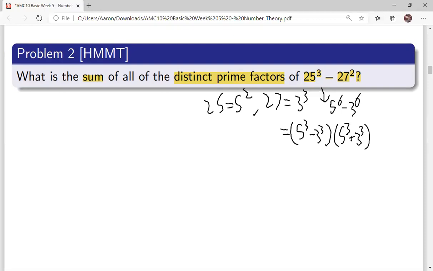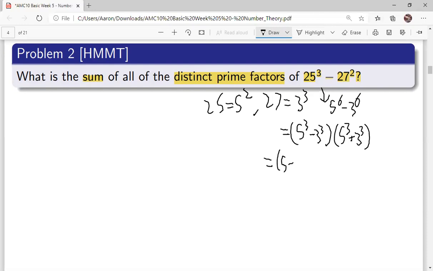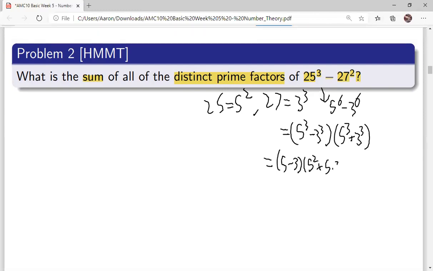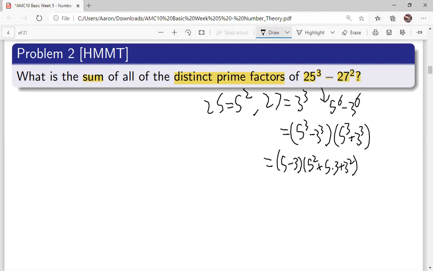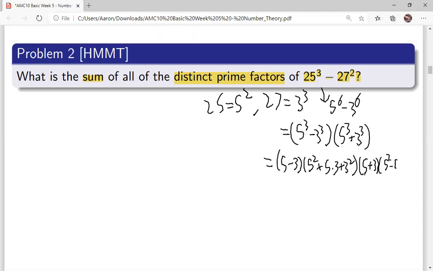And so this is also a sum and difference of cubes. And so you can apply the difference of cubes to 5 cubed minus 3 cubed to get 5 minus 3 times (5 squared plus 5 times 3 plus 3 squared). And you can apply the sum of cubes to 5 cubed plus 3 cubed to get 5 plus 3 times (5 squared minus 5 times 3 plus 3 squared).